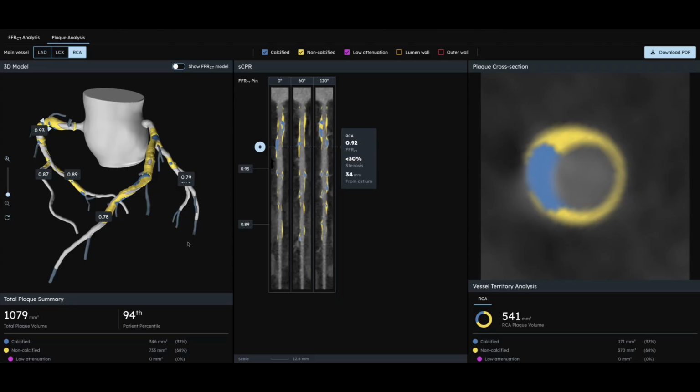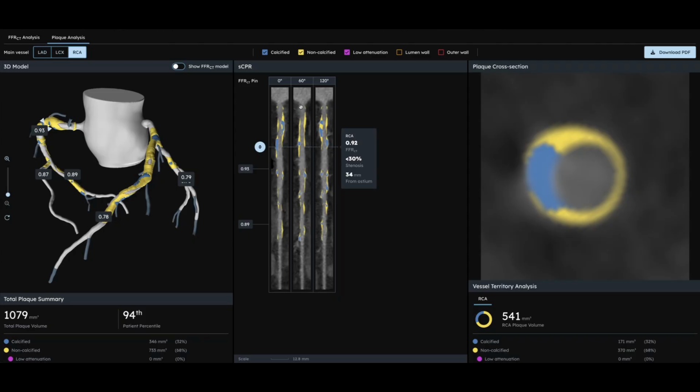When compared to patients the same age, this person is in the 94th percentile, meaning that they have more plaque than 94% of people their age, which is a lot of burden. And now we can also look at the composition. 32% of this plaque is calcified, but 68% is soft, unstable plaque. And that's the key finding that is going to be important later down the road as we discuss this.